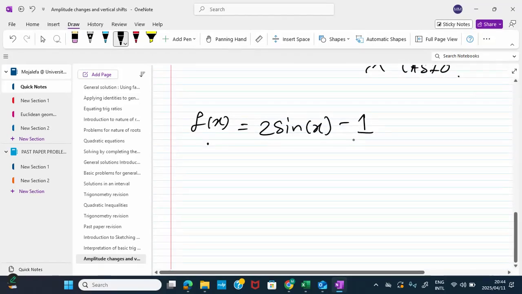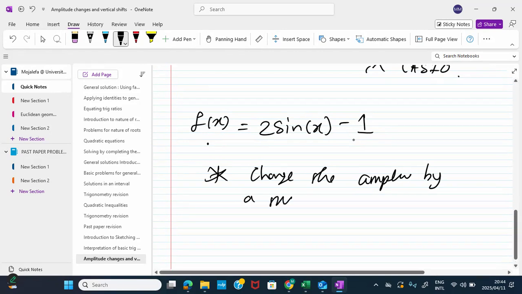What was done first was that we changed the amplitude by a multiple of 2, right? That's what we first did.